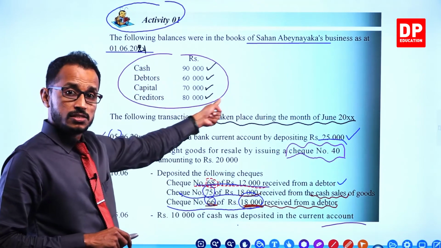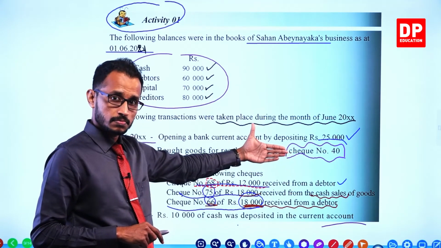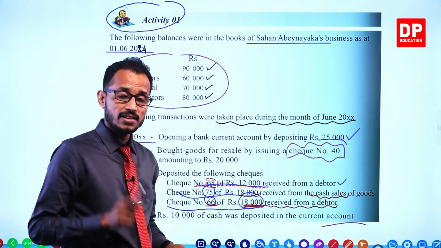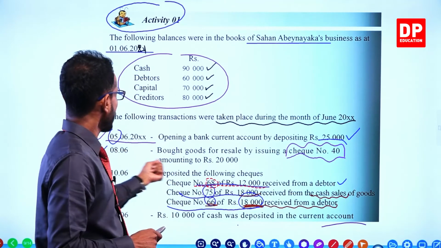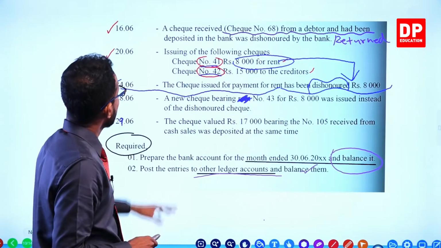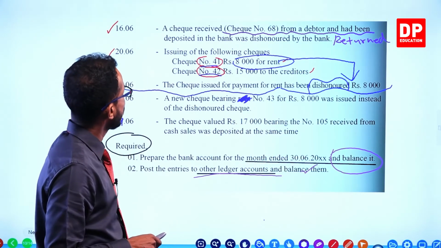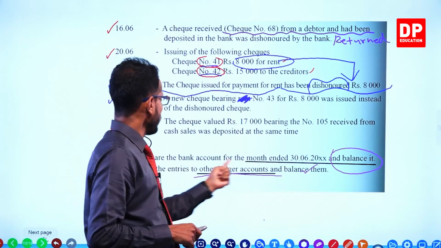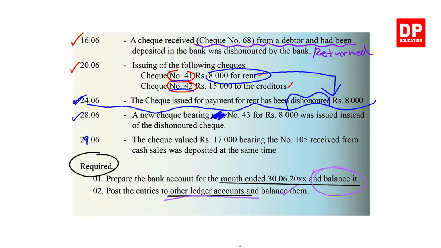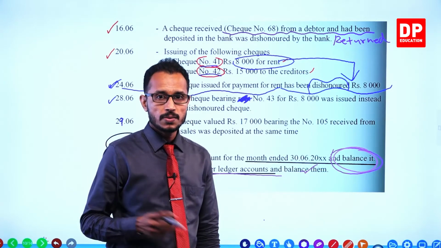We recorded the opening balances, recorded the transactions in the relevant book, cash book and bank book, and in the relevant ledger accounts. All the transactions we recorded. Finally, we balanced the cash book. We balanced the bank book, the bank account.